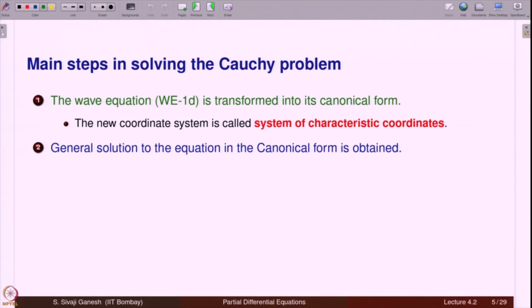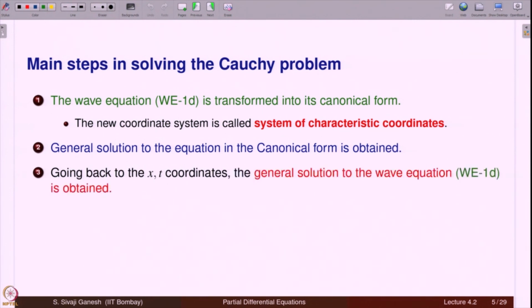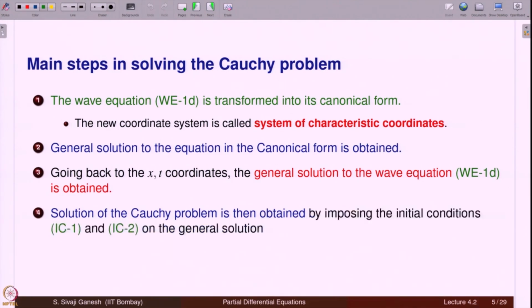A general solution to the equation in the canonical form is obtained, because the canonical form is very easy to solve, and going back to the x,t coordinates, the general solution to the wave equation is obtained as a function of x and t. The solution of the Cauchy problem is then obtained by imposing the initial conditions IC1 and IC2 on the general solution, and the solution that we finally get is what is called D'Alembert's formula.